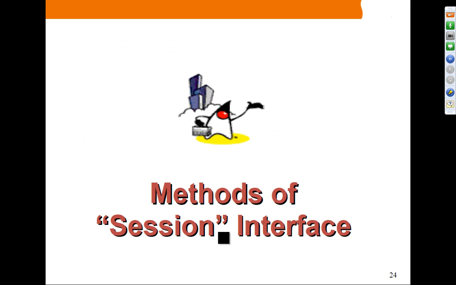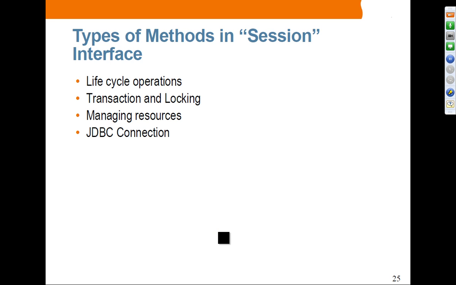All right, so let's look into the lifecycle methods of the session interface. By the way, session is an interface, but in a real application the object will be created by Hibernate, and then you can call methods of this session object.